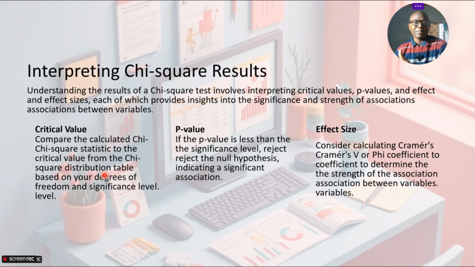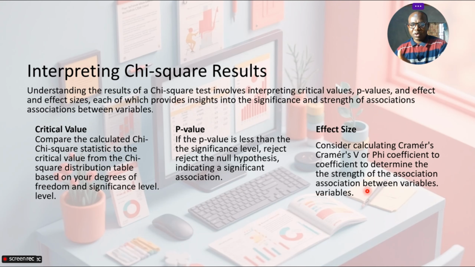That is going to be based on our degrees of freedom and our significance level. We use these 2 pieces of information to determine where our critical value is, and then we compare it with our calculated chi-square value. Now, for the p-value, conventionally, anything less than 0.05 is considered what? Significant.